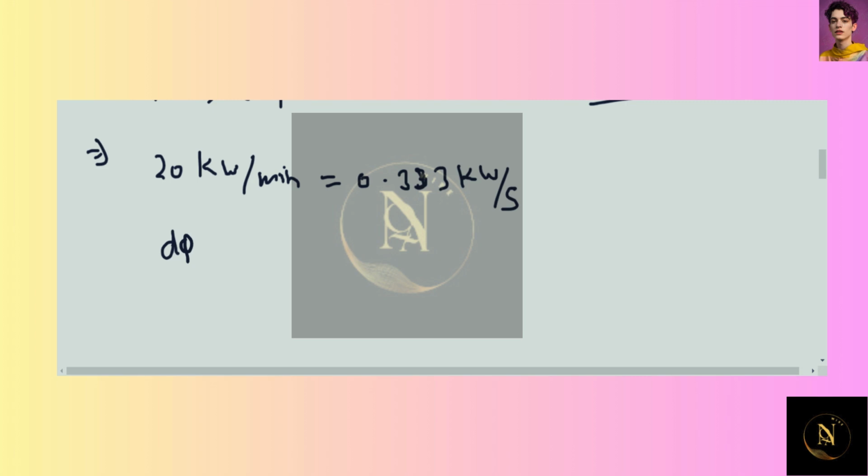Now we have dq by dt equal to 0.333 when qt equal to 4.